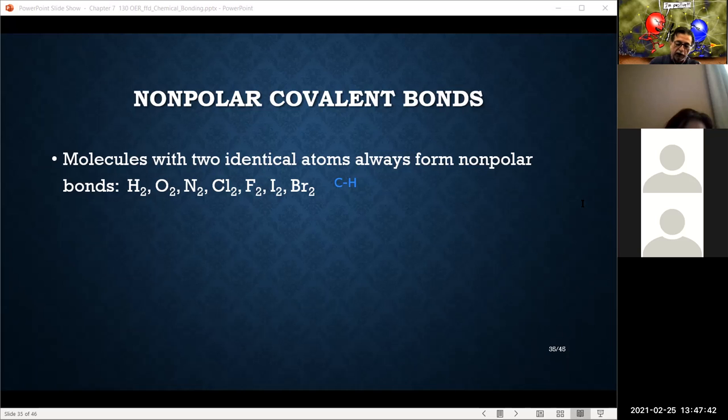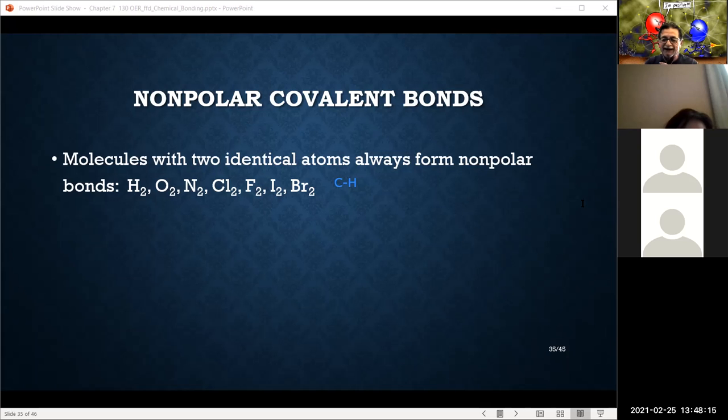So when you look at the bond, if the two atoms are the same, or they're carbon-hydrogen, it's nonpolar. You don't have to go any further. That's it. It's a nonpolar bond.